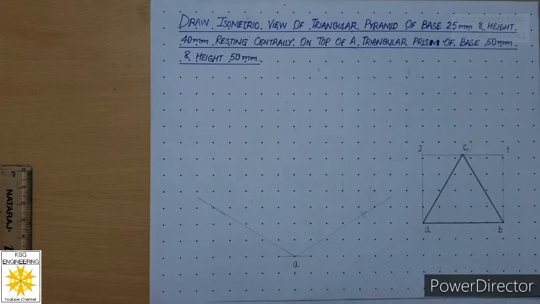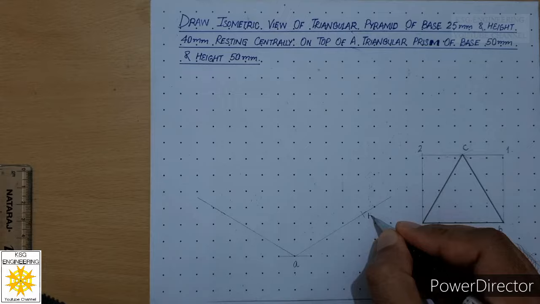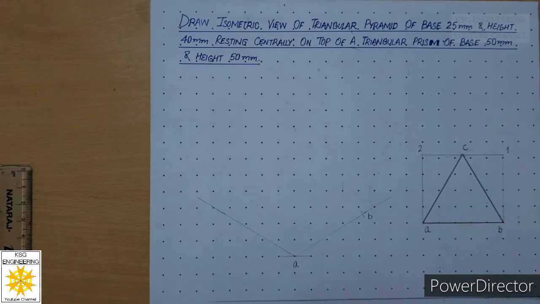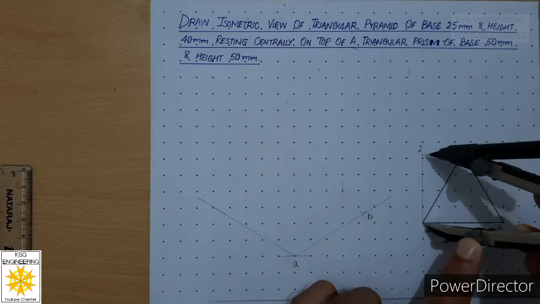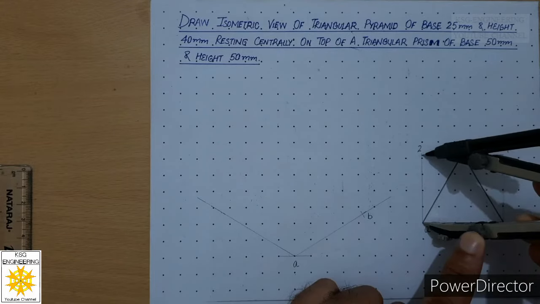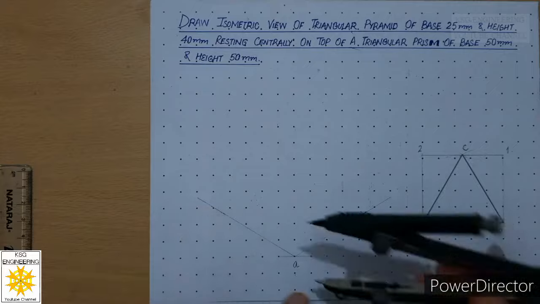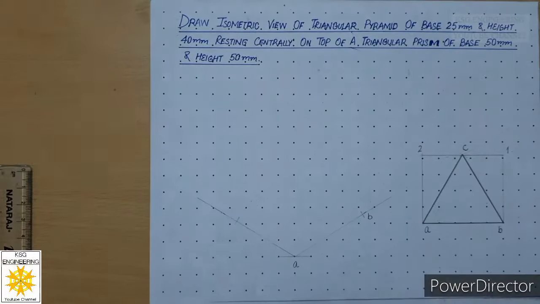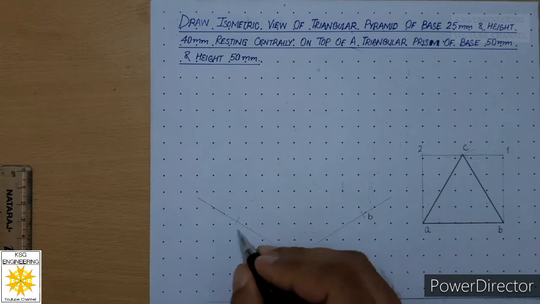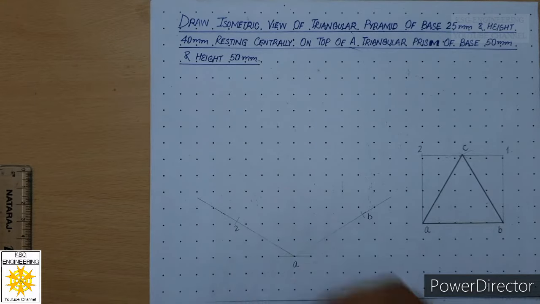Now mark this point B. Now measure the width of the box, which is A2, with the help of compass, and mark that width on this axis with a continuous thin line. So let us label this point as 2.